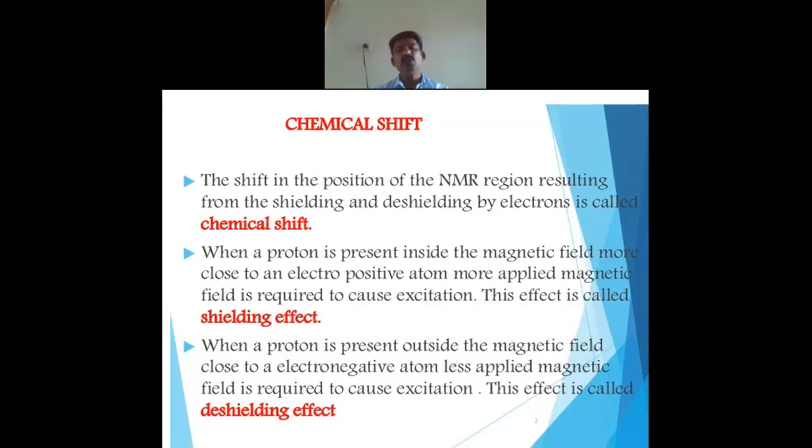Downfield means toward 10, and upfield means toward 0, which is the shielding effect. This is called the deshielding effect.